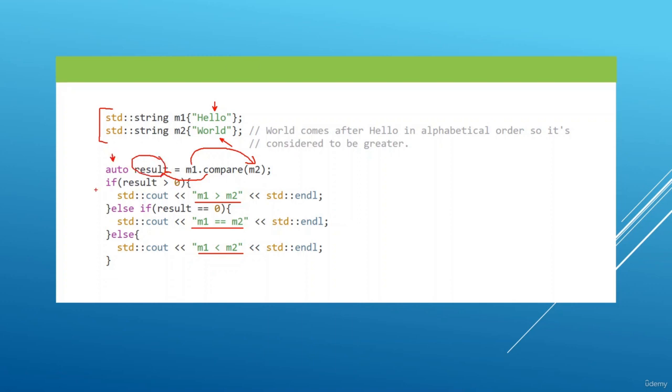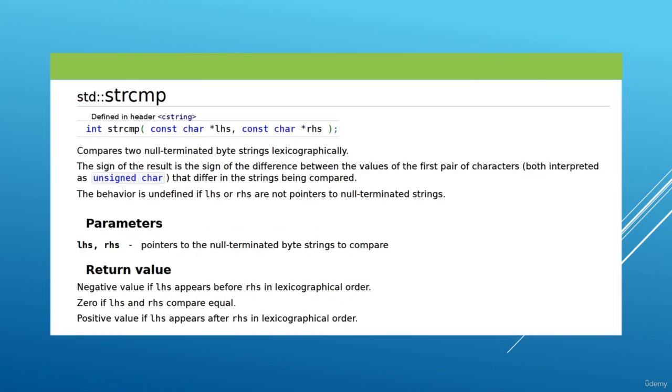So we have the information about our comparison stored in this result variable, which happens to be an integer in this case. And this is also the same logic we follow for the strcmp function in the CString library. If the return value is negative, we're going to note that the first operand is less than the other. This is what we are saying in here. If the return value is 0, the left operand and the right operand are going to be equal.